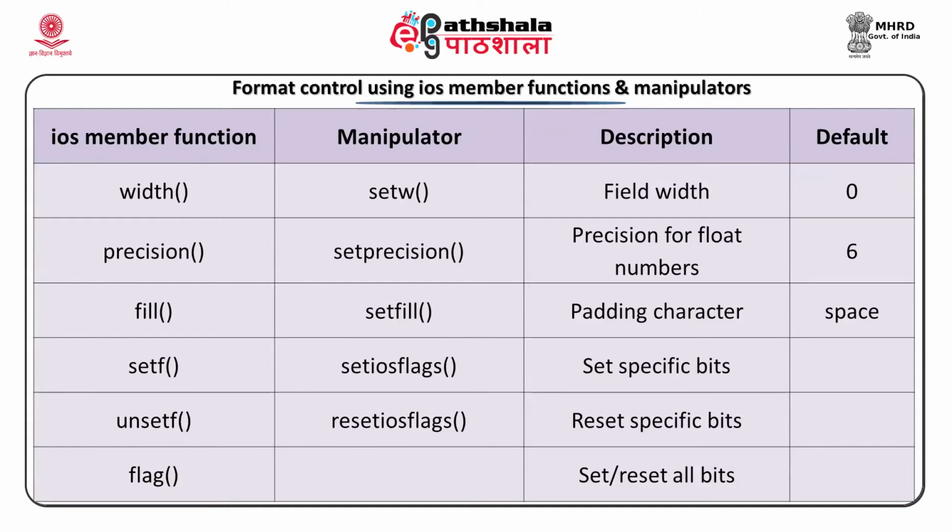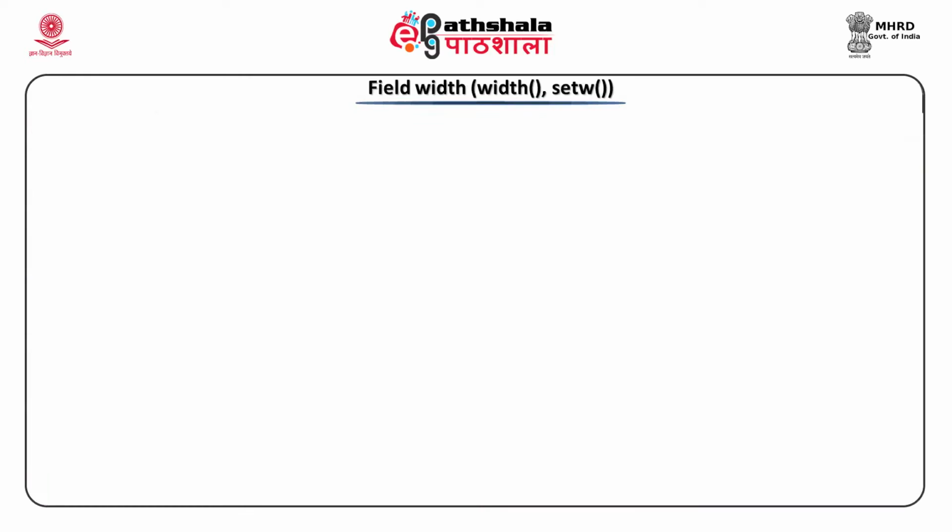Similarly, to set the bits of a format flag, we can use the setf member function or we can use the setiosflags manipulator. To unset, we can use the unsetf member function and we can use the resetiosflags manipulator. In addition, we can use the flags function to get or set all the bits of the flag at a time, and there is no corresponding manipulator for it. So let us see one by one.